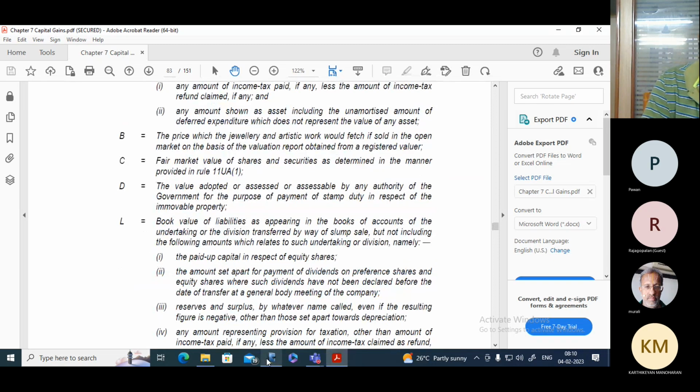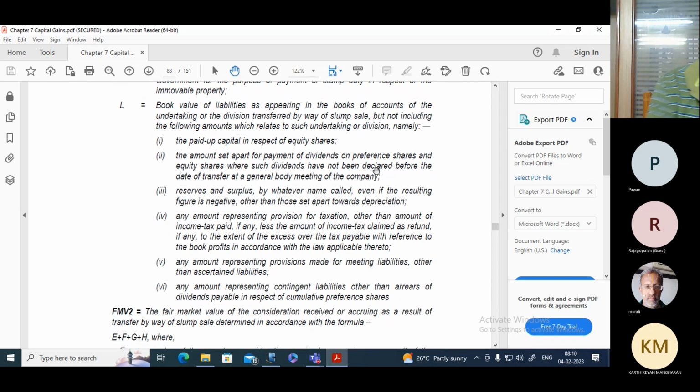Then L also we have got to deduct. What are all the points that we have got to take up for L? The book value of liabilities as appearing in the books of accounts of the undertaking or division transferred by way of slump sale, but not including the following.